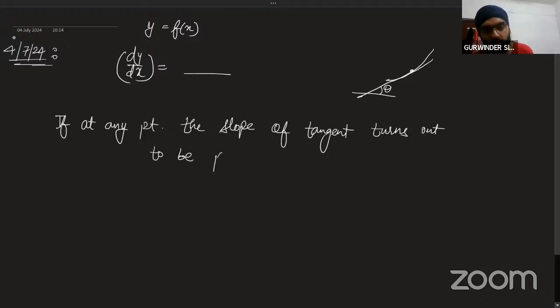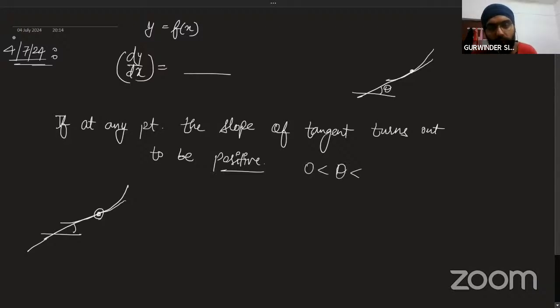can you infer something from that? Positive means the curve is going something like this. The angle the tangent is making with the positive x-axis lies somewhere between 0 and pi by 2.